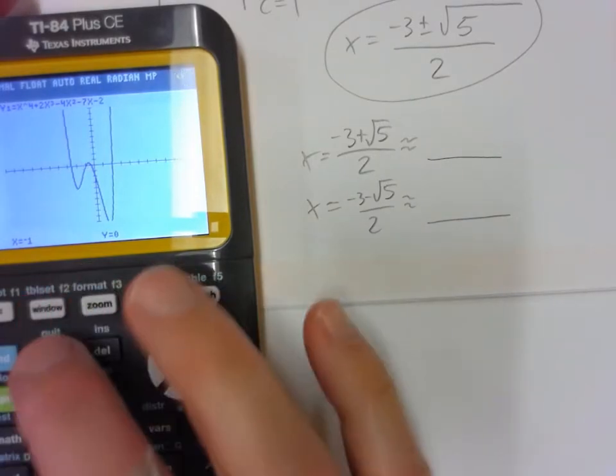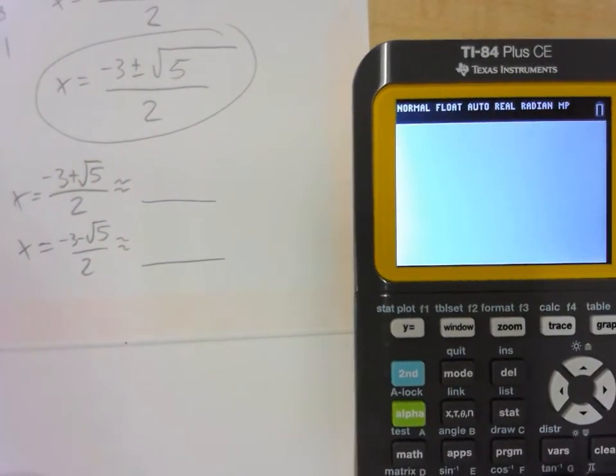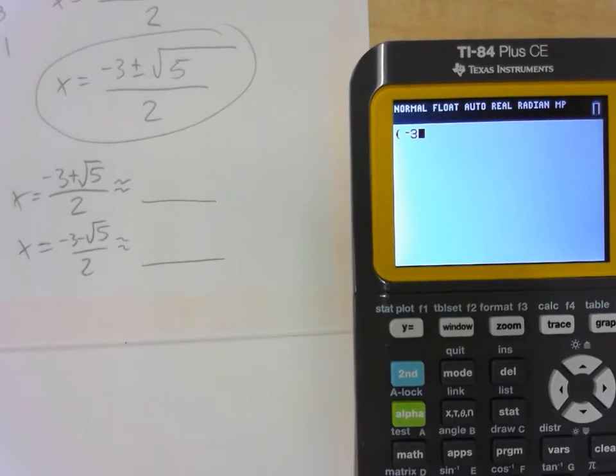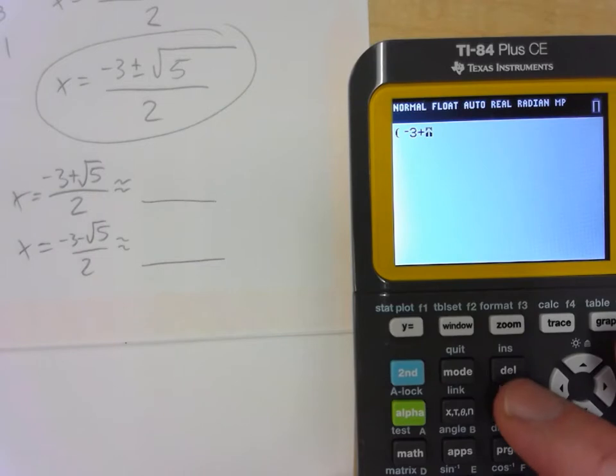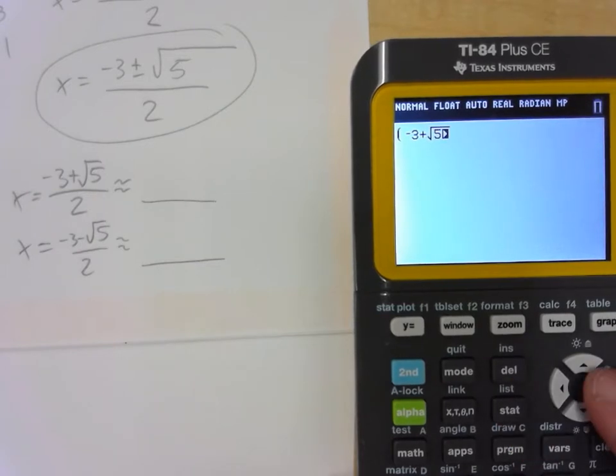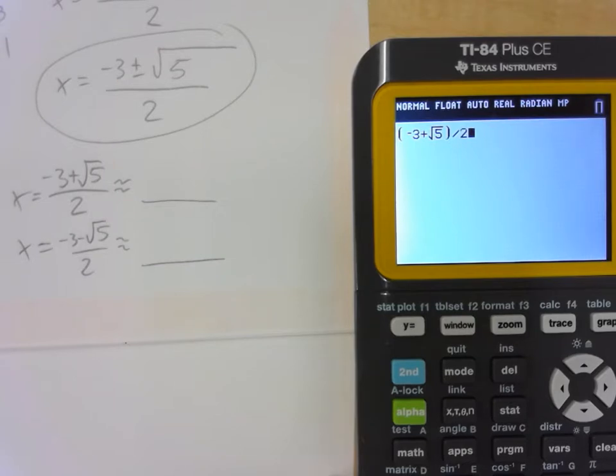So go to the home screen here. So you need to switch this over here because the reflection's bad over there. So let's see, parentheses, -3 plus second radical 5, close the parentheses, divided by 2.